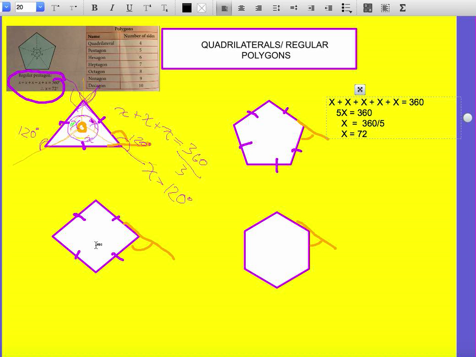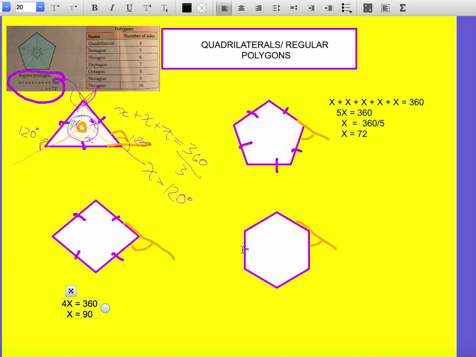And we can do the same for all of these. There are 4 sides here. This is a rectangle or a square. All of you probably know that the outside angles of a rectangle or square are 90 degrees. We can also work this out because there are 4 angles, 4x equals 360, so x equals 90.